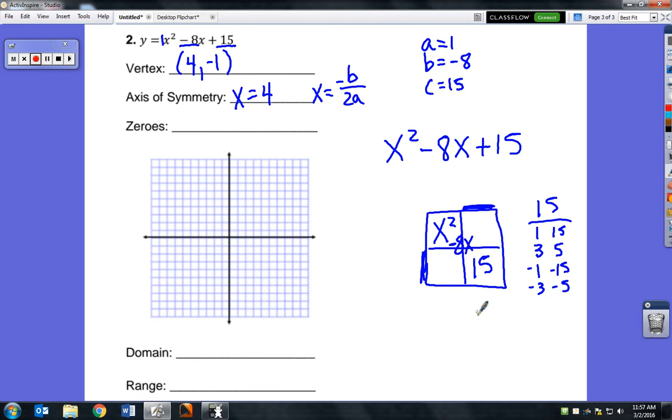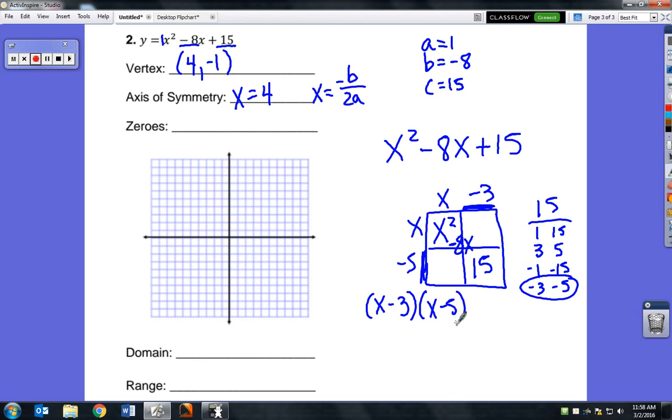Now we can kind of look ahead and see what we need. We need two things that add to be negative 8. So we would see that negative 3 and negative 5 are going to be what we need for our side lengths. The two things that are going to multiply to give us x squared are x and x, which means my factors for this problem are x minus 3 and x minus 5.